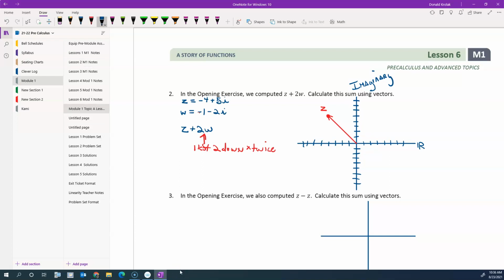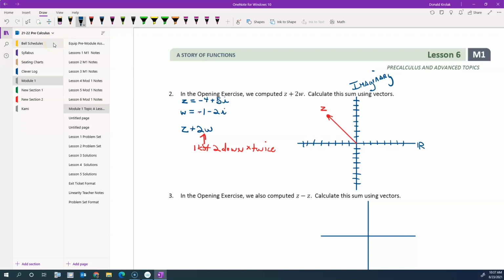Okay, so let's see. I lost my direction here. What did I say? 1 left, 2 down. It's hard to do when it's not lined; a lot easier to count.